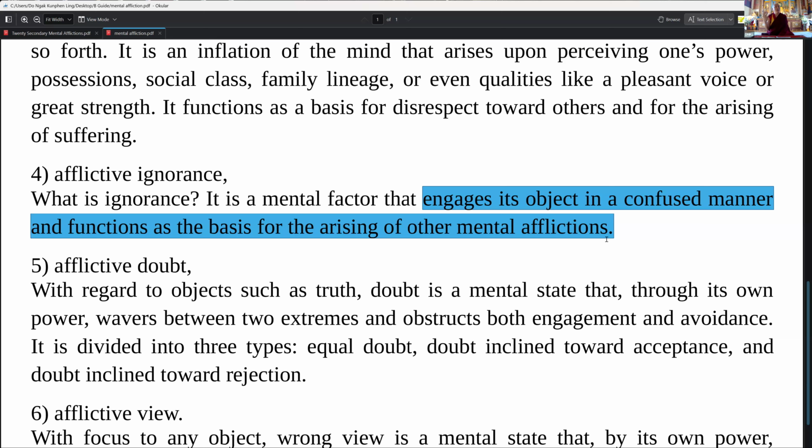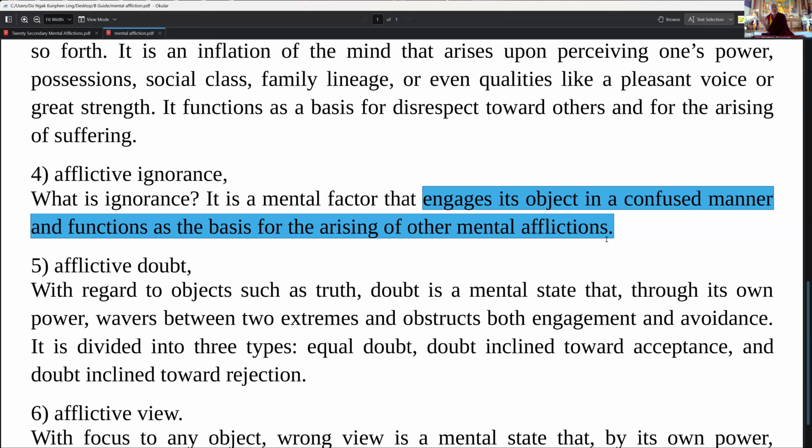All those kinds of mental afflictions or defilements arise through ignorance. These are examples. So you see how it causes us to have suffering, and how it gives rise to different types of other mental defilements.